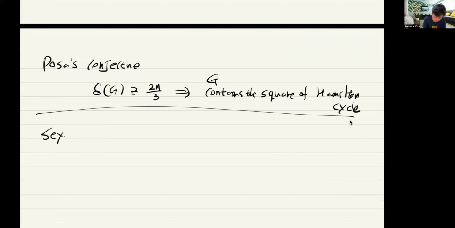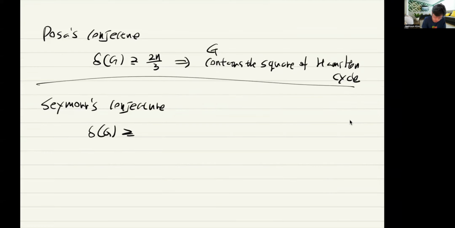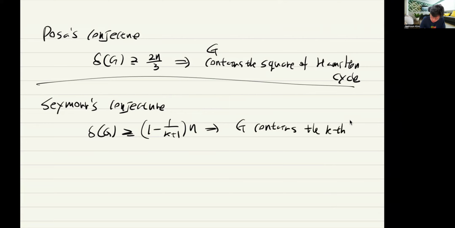And there is the Seymour conjecture, that if your minimum degree is at least 1 minus 1 over k plus 1 times n, then G contains the k-th power of a Hamilton cycle.